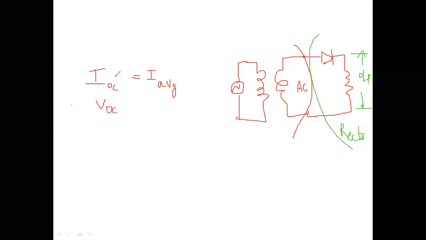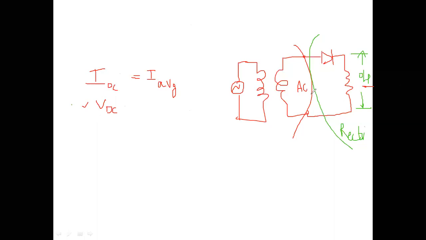VDC means output DC voltage, at the output of the rectifier, because the DC component is present at the output line only, not the input of the rectifier.